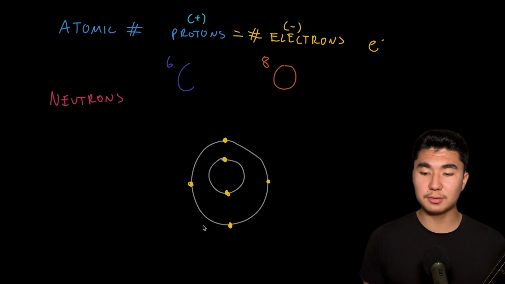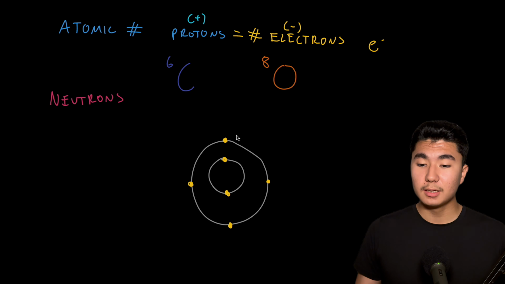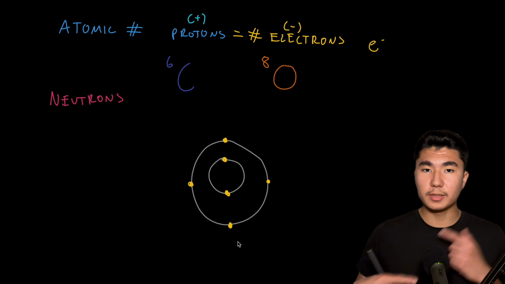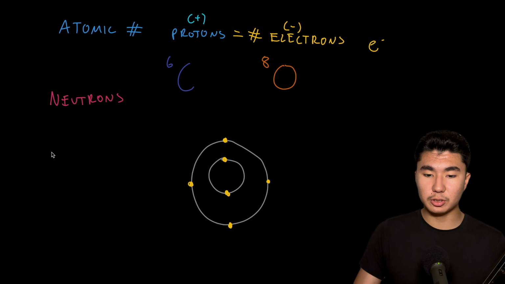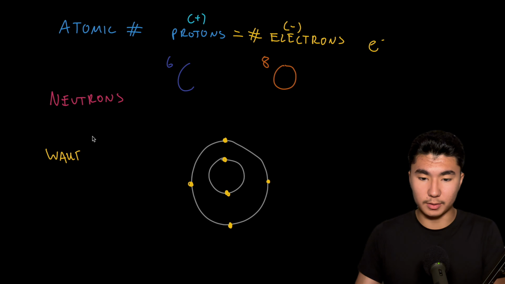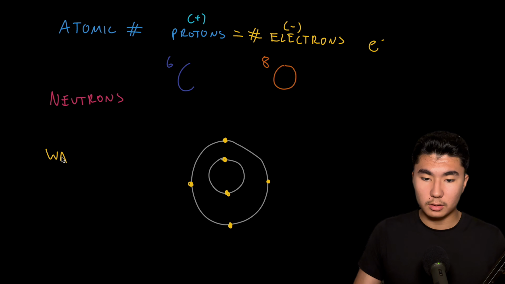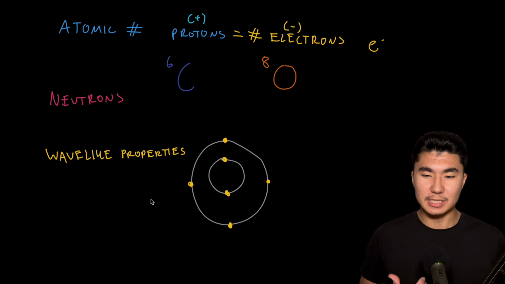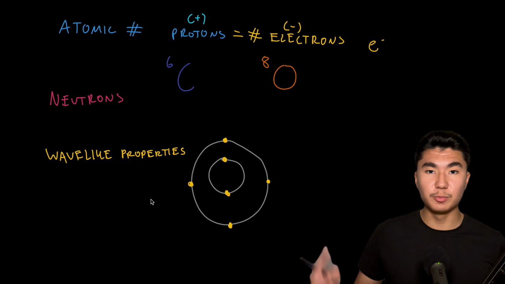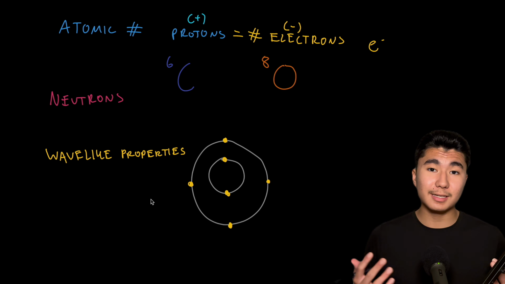Now one thing to note is that these electrons don't follow a circular motion. That's not how electrons move, because electrons have wave-like properties. Now, I know it sounds simple, the idea that electrons just move in a circular motion, but that's not exactly how they move.